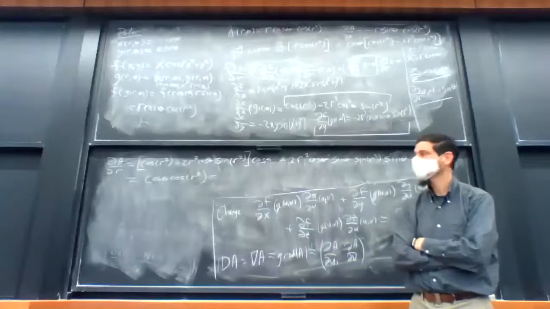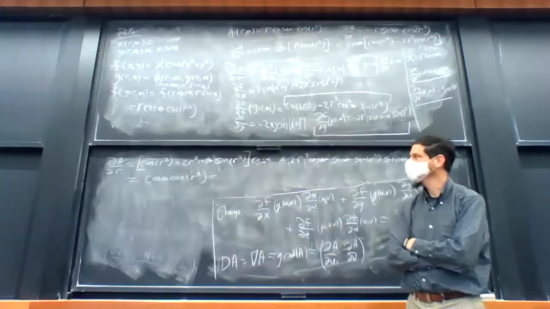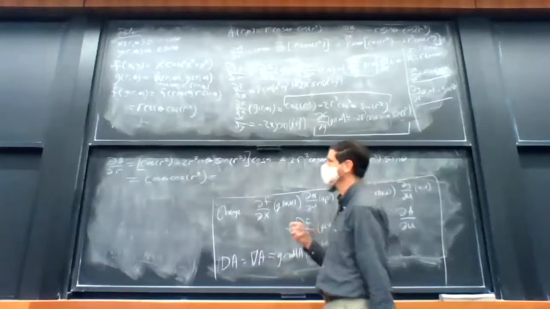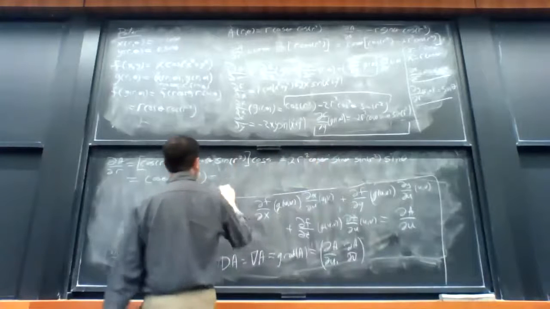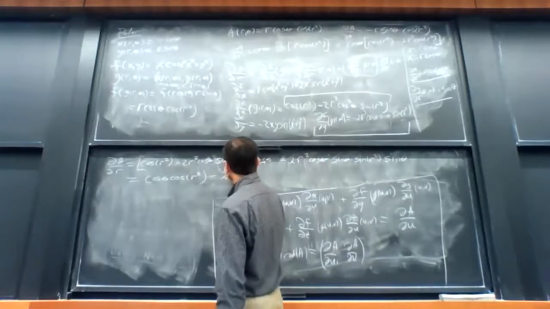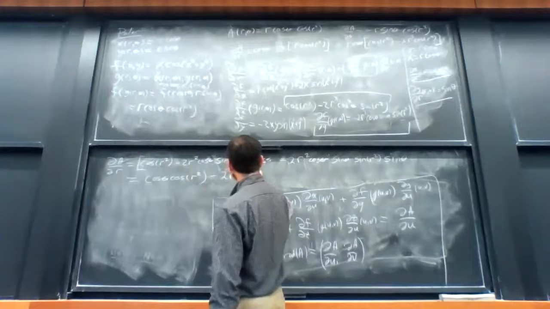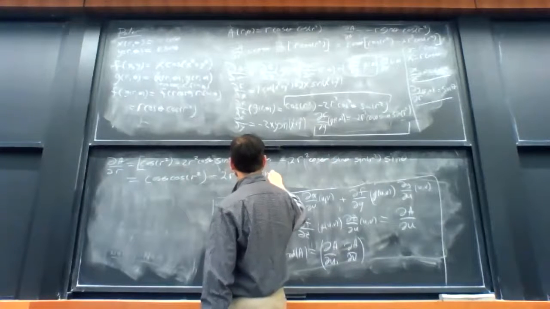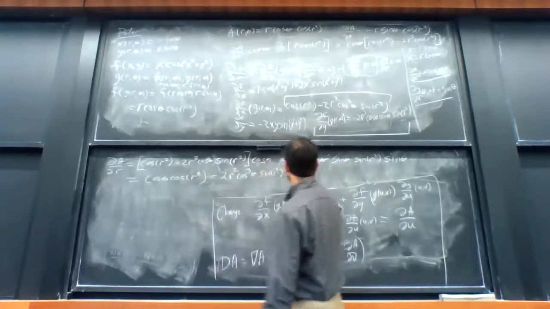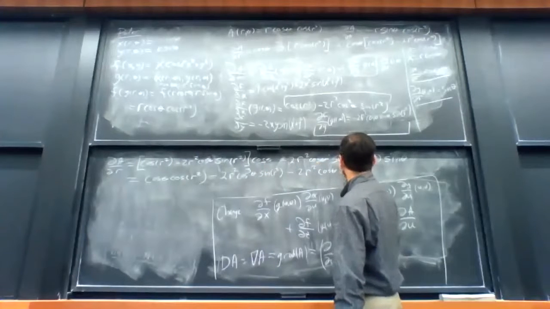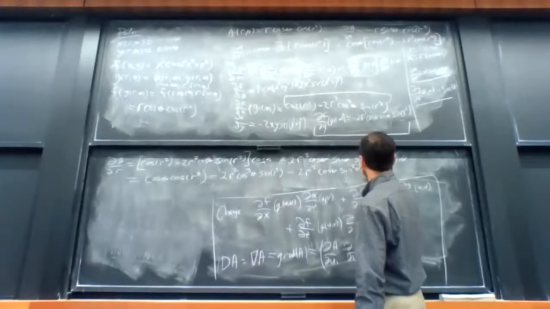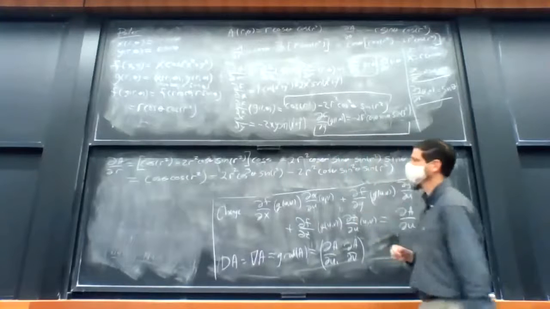When I multiply by cosine theta, it should be 2r squared cosine cubed theta sine r squared, right? So 2r squared cosine cubed theta sine of r squared minus 2r squared cosine theta sine squared theta sine of r squared.